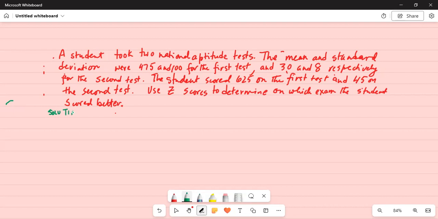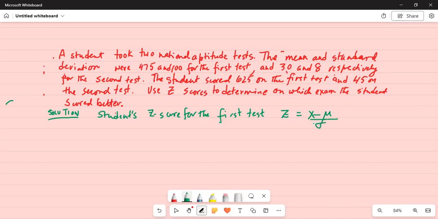So, solution. The student's Z-score for the first test. Z is equal to X minus mu divided by sigma, where mu is the mean and sigma is the standard deviation.